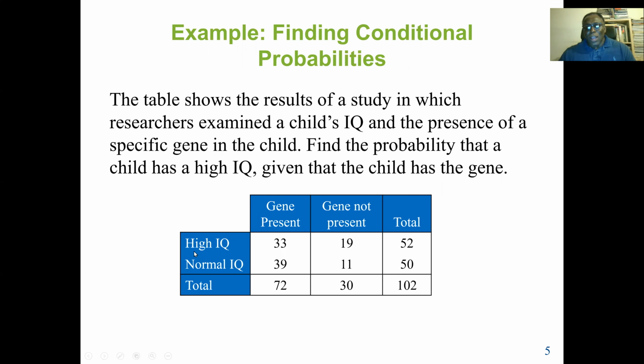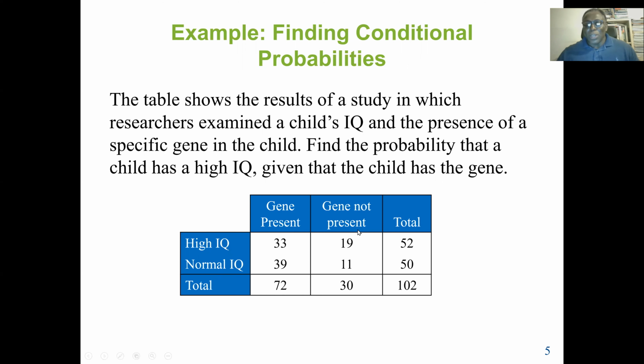Here we can see high IQ with gene present is 33. Normal IQ with gene present is 39. So the total will give us 72. So 72 represents the total of high IQ and normal IQ, given that the gene is present.